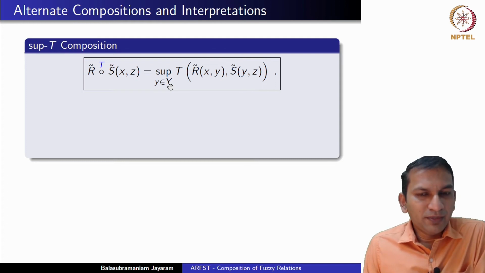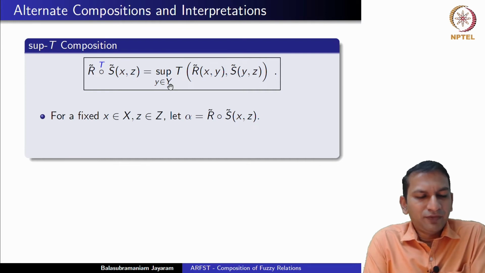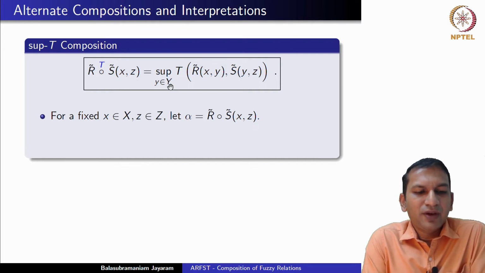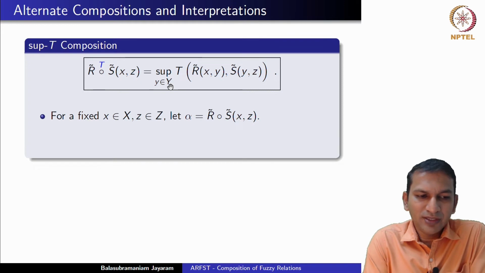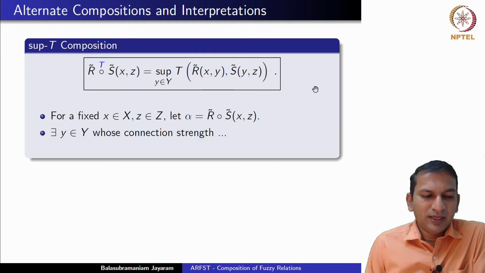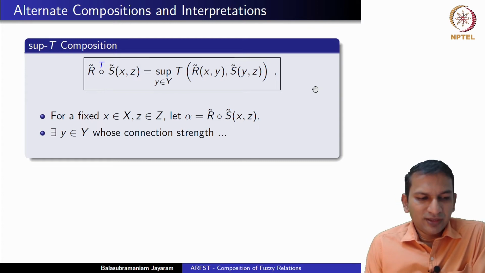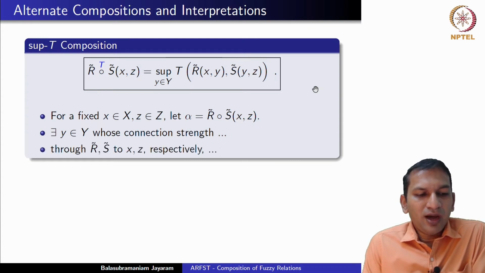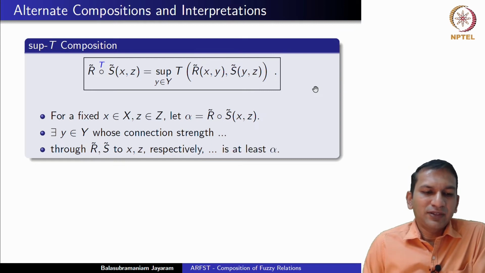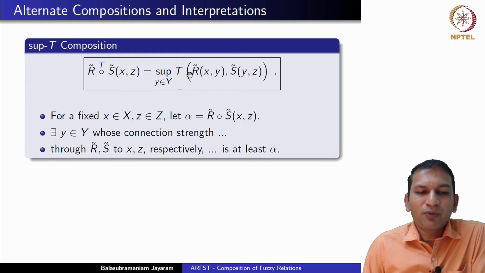Now if you want to interpret this, if you fix an x and z, and if R circle S of xz is alpha, what does it mean from this formula? It means there exists a y in Y whose connection strength through R to x and through S to z is at least alpha. Remember, it is the supremum of all of them. So now the maximum of what is happening inside this bracket is what you are taking, and T of this, just imagine T is min.